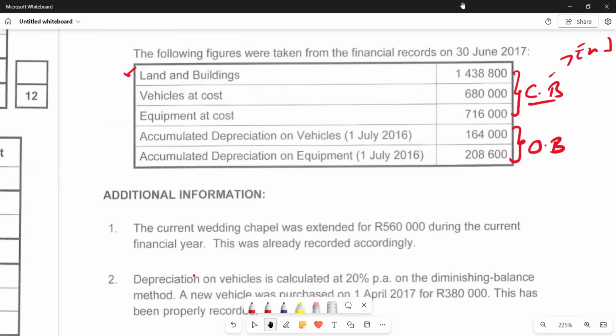Let's calculate it as such. We are saying 1,438,800, then we subtract 560,000. When you calculate, you're going to get 878,800.